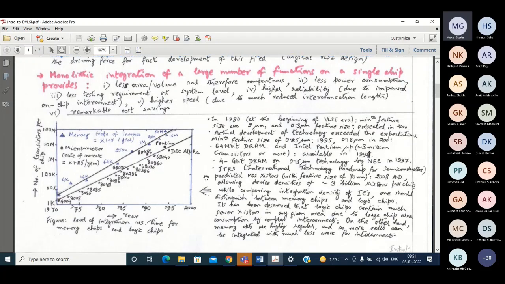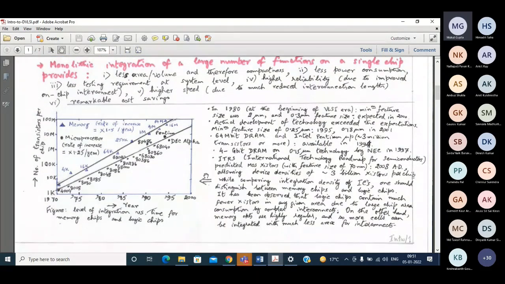Now, again, we take recourse to some survey in the past. See, it started from 1980, at the beginning of the VLSI era. Those who are interested in knowing the history of VLSI, I will urge you to study about it.